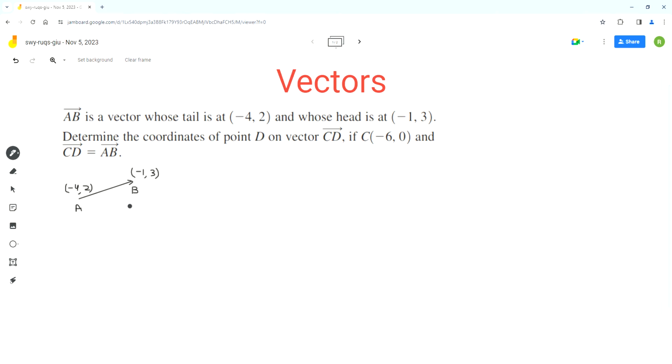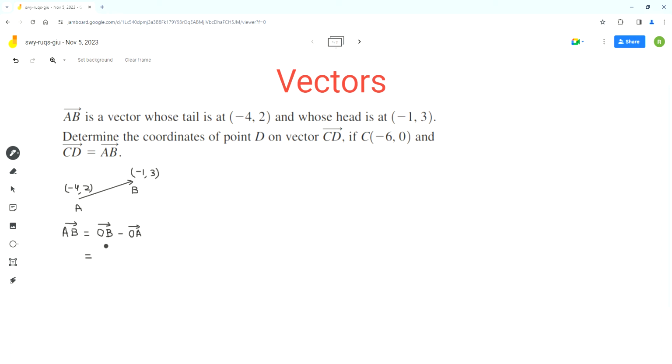Now the first thing we can do is find what vector AB is. Vector AB can be broken down into its position vectors: OB, where O represents the origin, minus OA. The position vector is represented by the point.